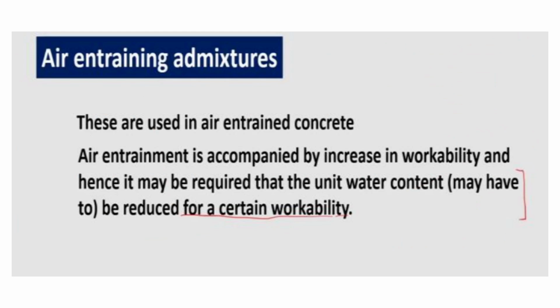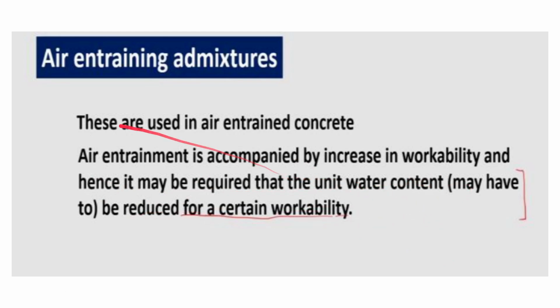And one more utility of chemical admixture is as an air entraining admixture, okay. These are used in air entrained concrete. Air entrainment is accompanied by an increase in workability, and hence it may be required that the unit water content be reduced for a certain workability.